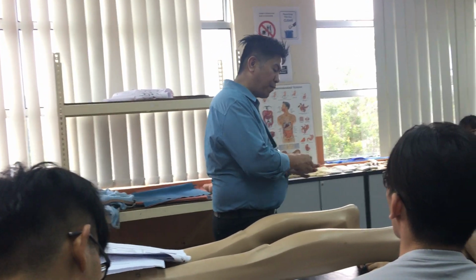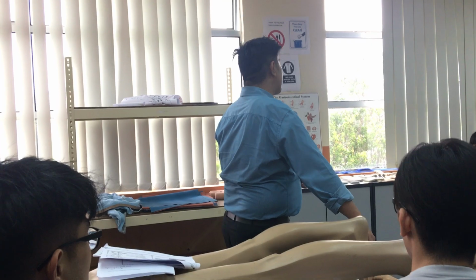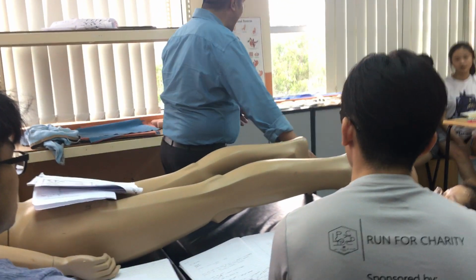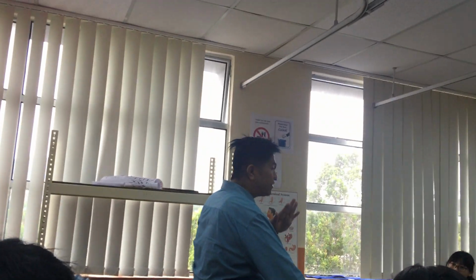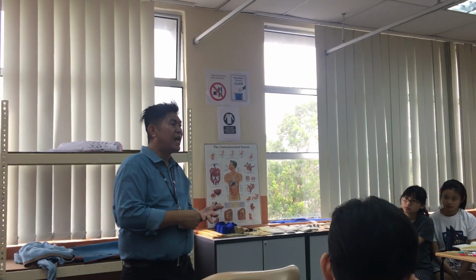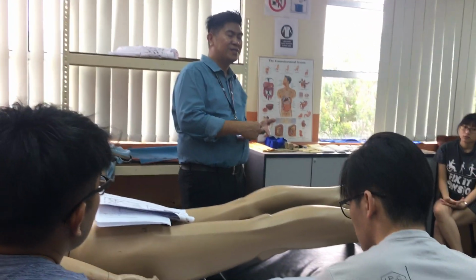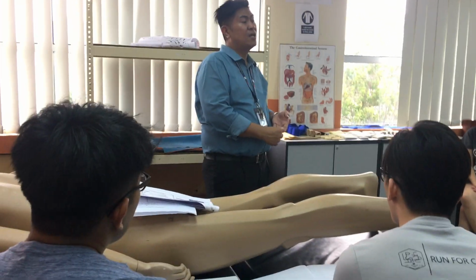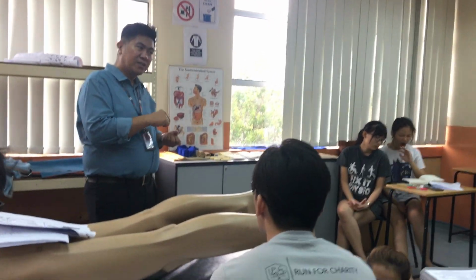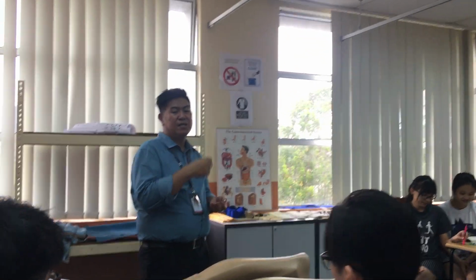Okay, how will I confirm? I'm going to evaluate the sensation. If the sensation of the entire sole of the foot is absent, and there is paralysis of the interossei, flexor digitorum brevis, flexor hallucis brevis, abductor hallucis, abductor digiti minimi, all of these small muscles of the foot, then I can confirm that it is due to tarsal tunnel syndrome.